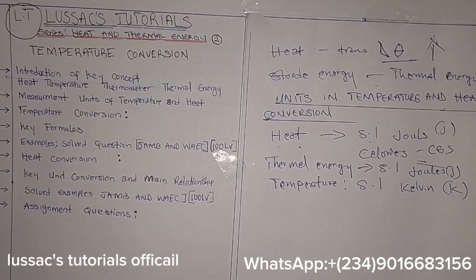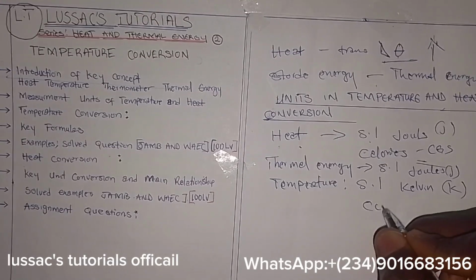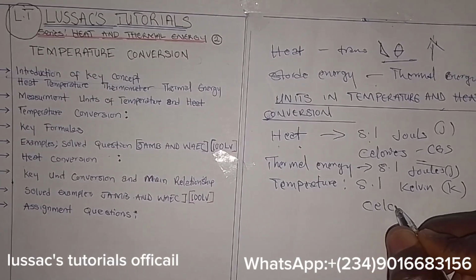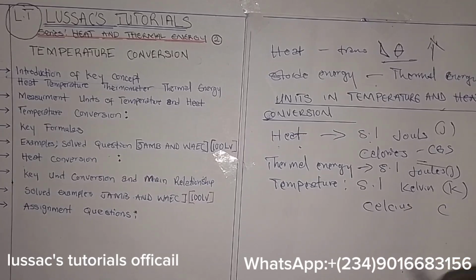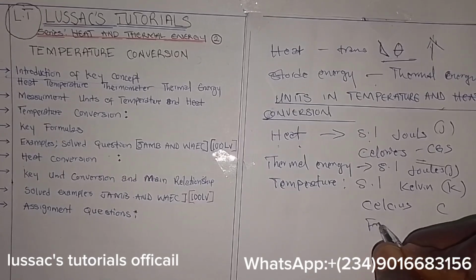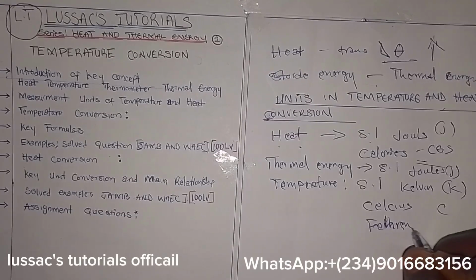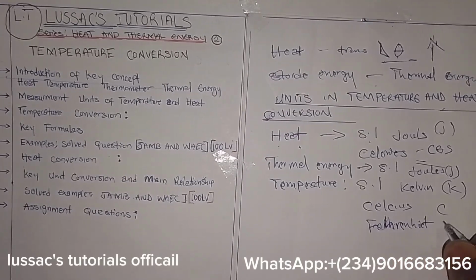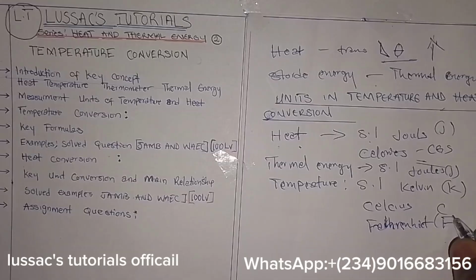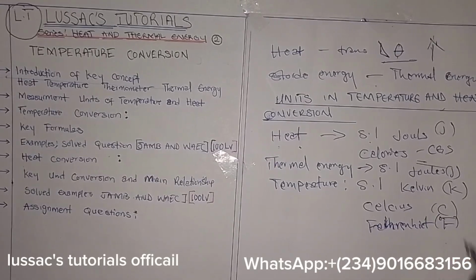And it has other units which are Celsius and Fahrenheit, which is F. Note, this is degree Fahrenheit, degree Celsius. This one, Kelvin, does not carry degree. So let's take note: Kelvin, Celsius, and Fahrenheit.